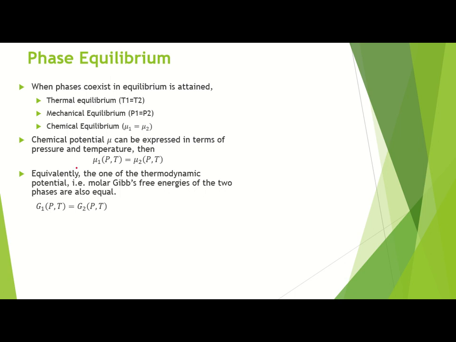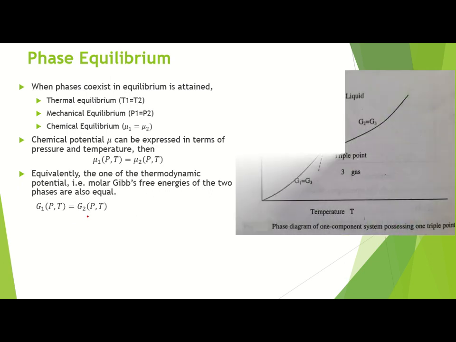So G basically depends on all these three, mu as well as P and T. And what we want is, just like thermal equilibrium is for T1 equal to T2, mechanical equilibrium is for P1 equal to P2, and chemical equilibrium is for when the chemical potentials are equal. Similarly, the thermodynamic potentials, that is the Gibbs free energies, during the phase transition will be equal, for phase 1 and phase 2.